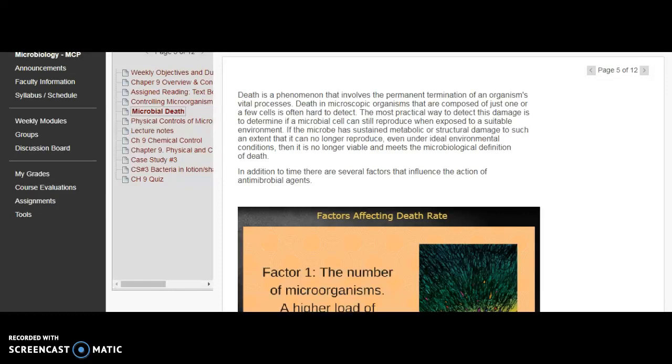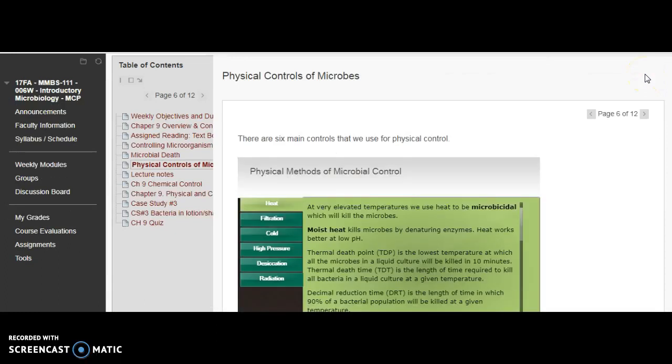So bacteria, if they are alive, they could still reproduce. They may not be metabolically active, but given the opportunity, they could go back into a metabolically active state and then reproduce. So death is going to be permanent termination of an organism's vital processes, which are necessary for it to reproduce.